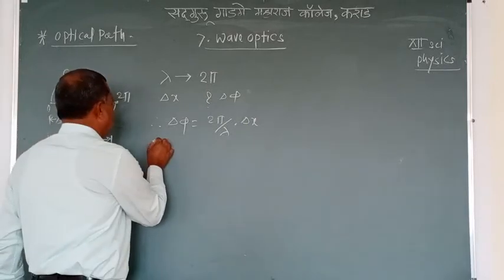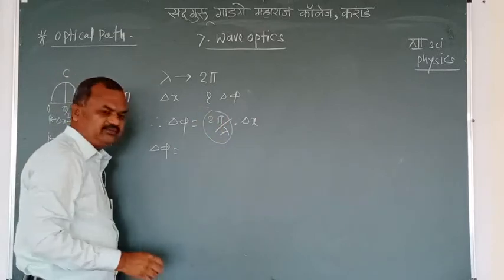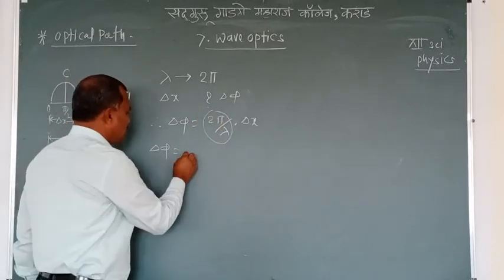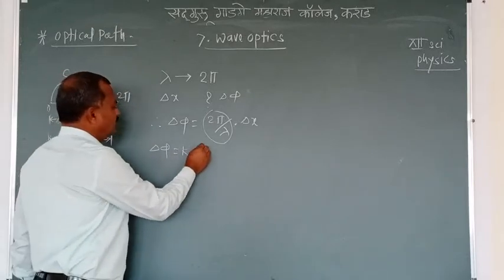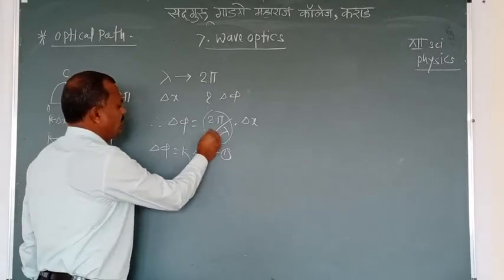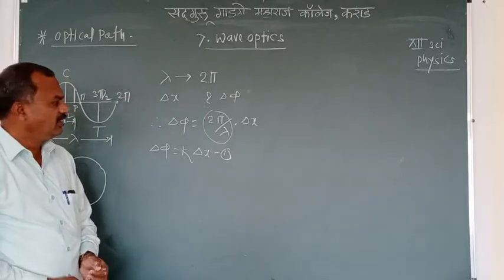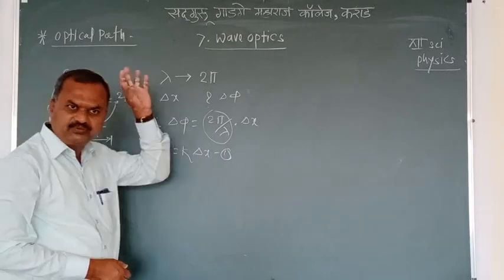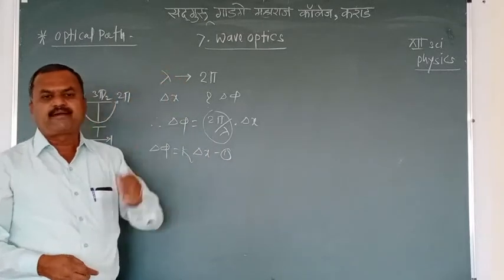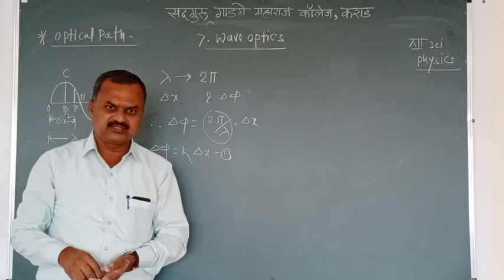And this term 2π divided by lambda is called the propagation constant, denoted by the symbol k. So delta phi equal to k into delta x. Suppose this is equation number 1. Consider this wave, which may be a light wave traveling in the positive direction of the x-axis.